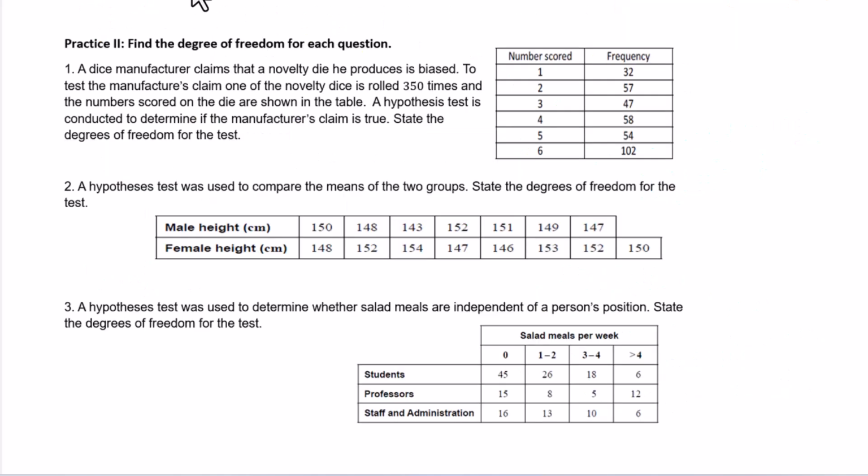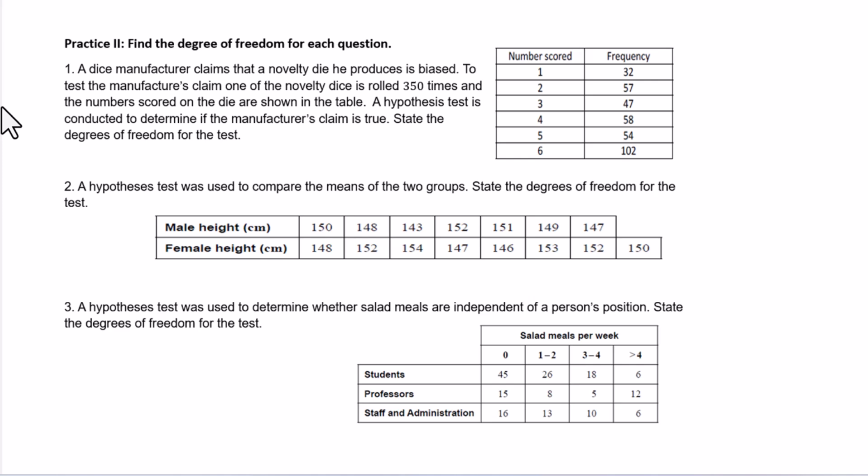Practice 2. Find the degrees of freedom for each question. Question 1. A die manufacturer claims that a novelty die he produces is biased.